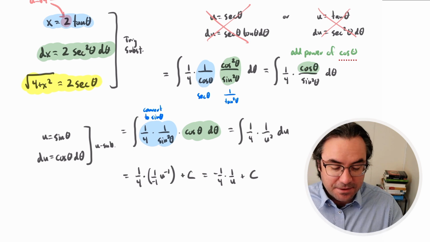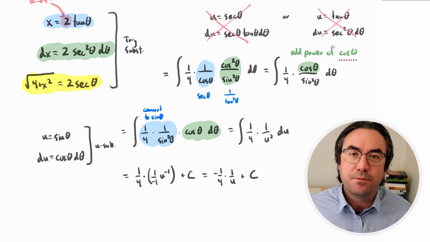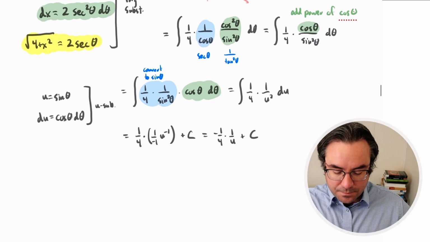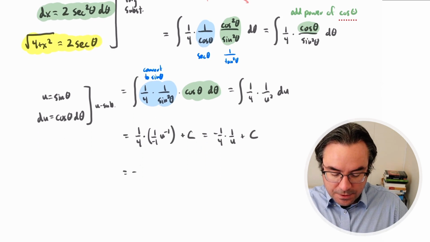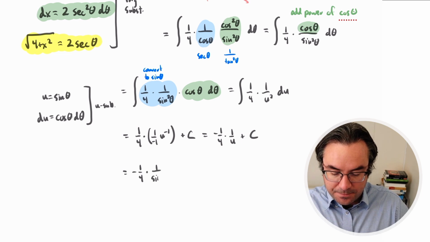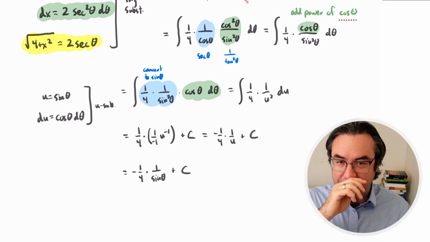So the first thing is, let's rewrite based on our u substitution here. We'll have our negative 1 over 4, and then instead of 1 over u, we'll have 1 over sine. And then we've got our plus c.